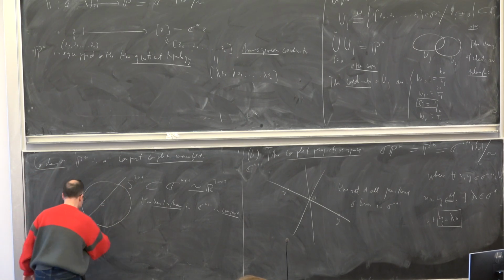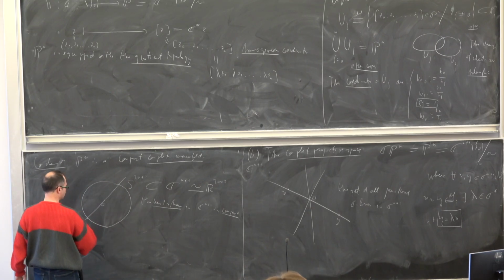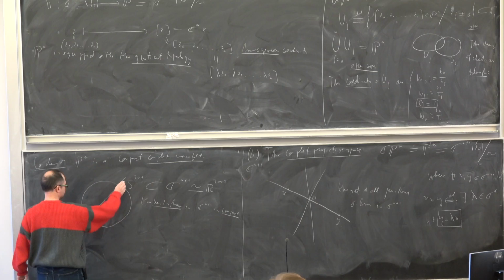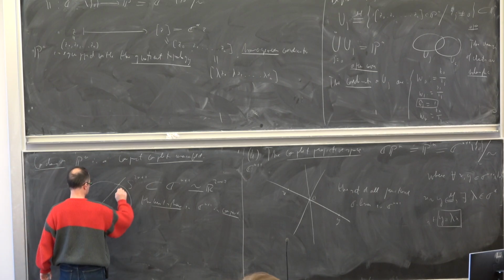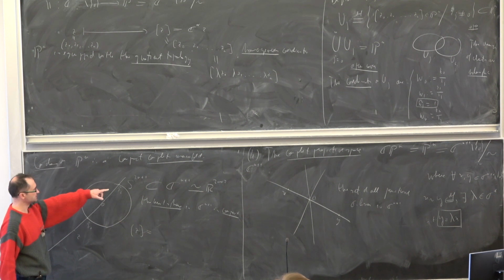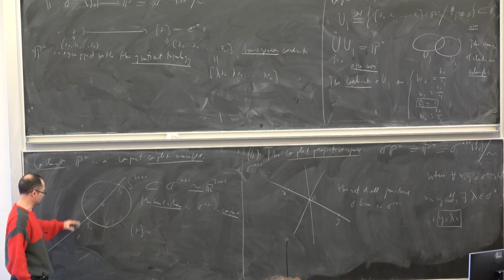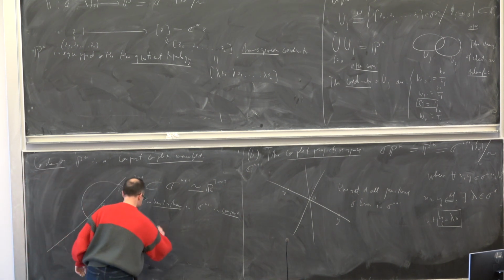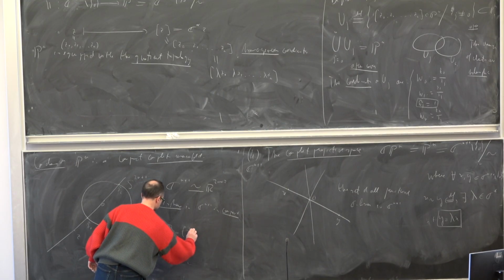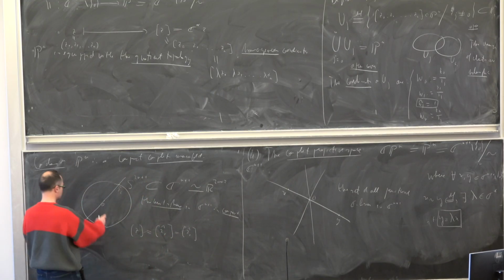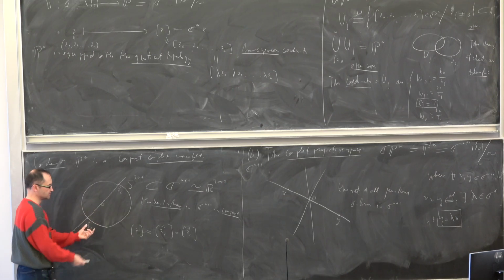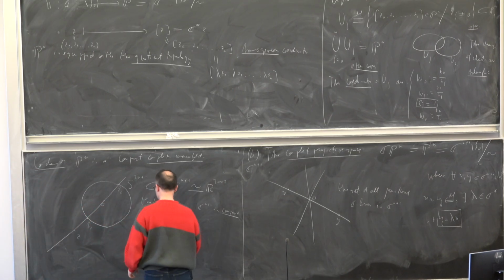So the class of Z, let's call this point Z hat 1, and there's another one here, Z hat 2. Of course, the point that Z defines in the projective space, that is the line that it defines, is the same as the line that any of its intersections with the sphere defines, right? Because the line that goes through 0 and Z is the same as the line that goes through 0 and Z1 hat.